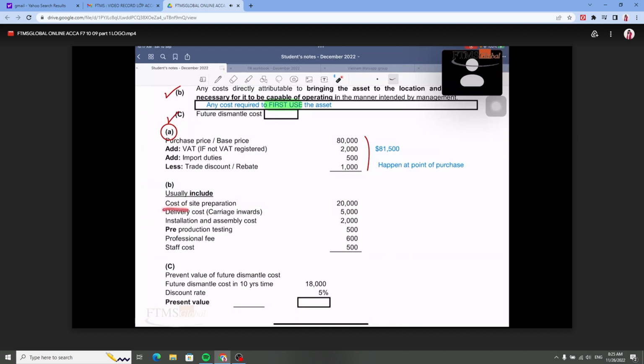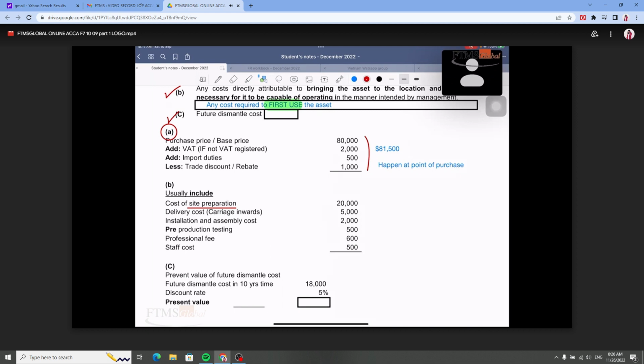Right, so cost of site preparation. This one is the general term. The keyword, of course, is site preparation. So I only can tell you one example. Example, you are going to buy one very, very big machine. The machine is so big that it's going to occupy the entire level 2.